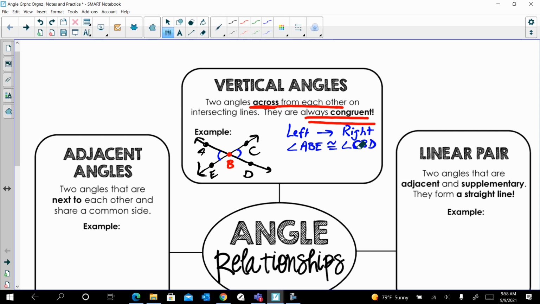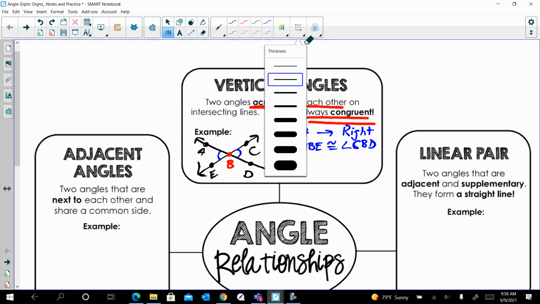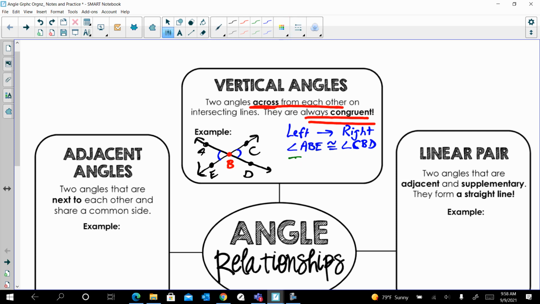Okay, so we can go left to right, or we can go top to bottom. So what is the name of the angle at the top with our intersecting lines? ABD.